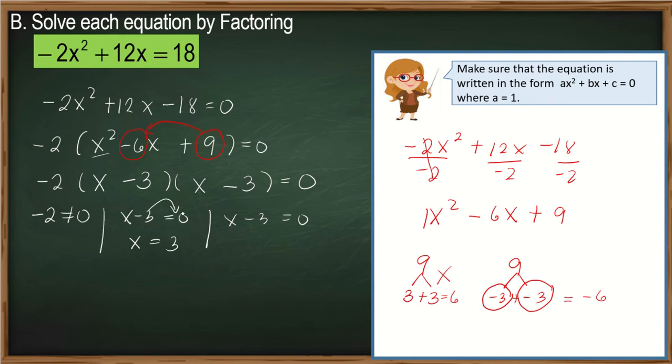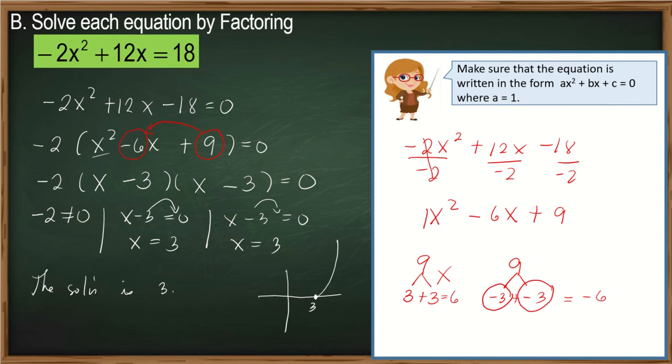So, we have transpose, we have positive 3, then we have positive 3. Meaning to say here, we only have one solution, and that is only positive 3. The solution is 3. Kung i-graph natin siya, it looks like this. Ito yung 3, dito yung ating solution.